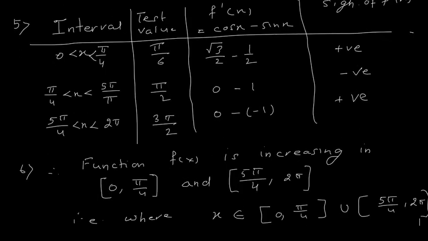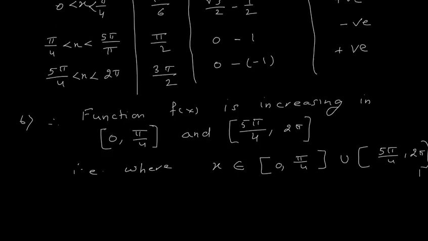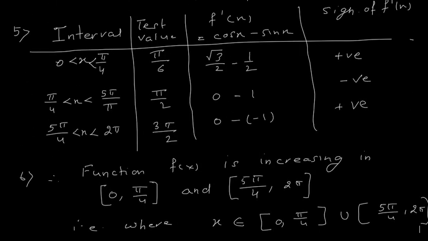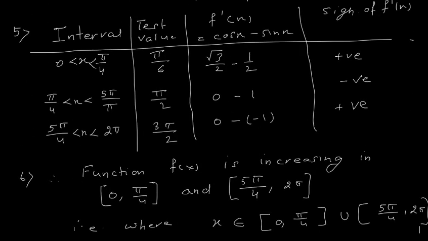Negative sign indicates the function is decreasing and positive sign indicates the function is increasing. Now when it is asked only to find increasing or decreasing, then we use closed brackets, we use the critical points also, because for increasing f dash x is greater than or equal to 0. When I say strictly increasing, in that case only I will choose open intervals.